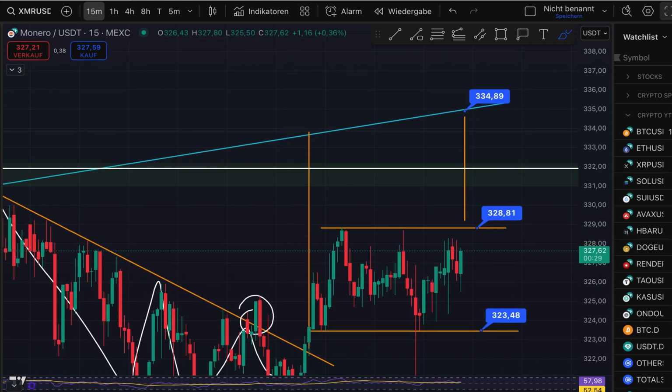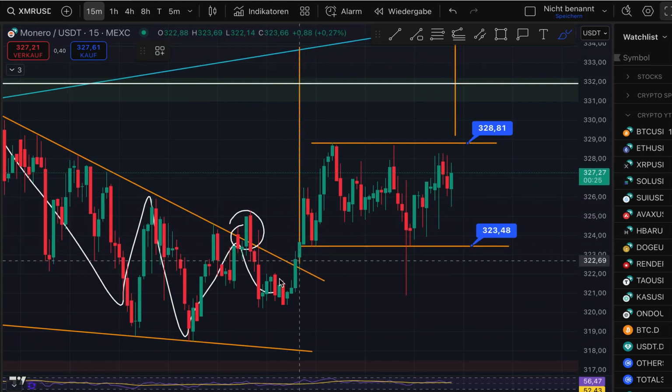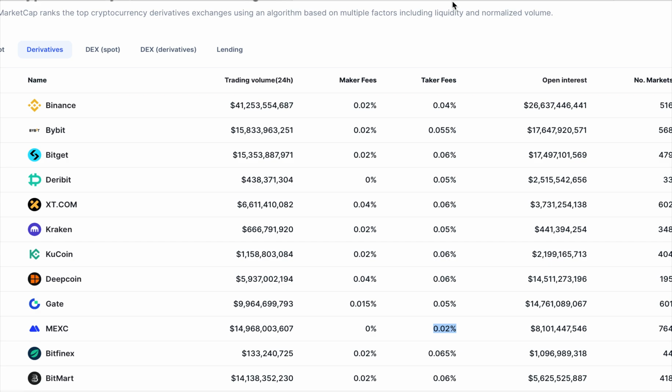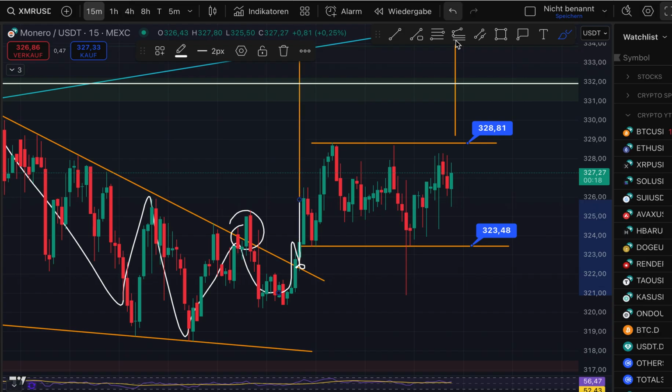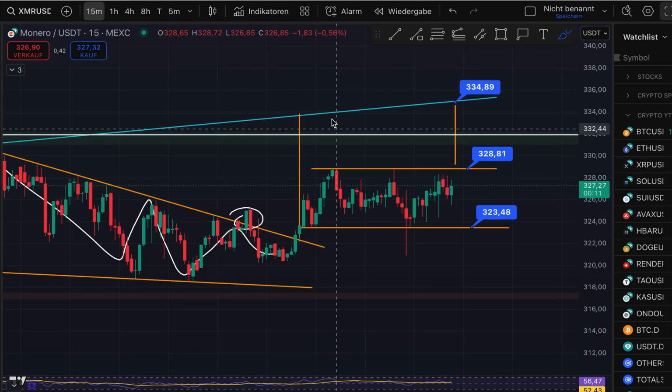So here is the breakout, here is the retest, and we got the follow through. Target is going to be the 333 US dollar.